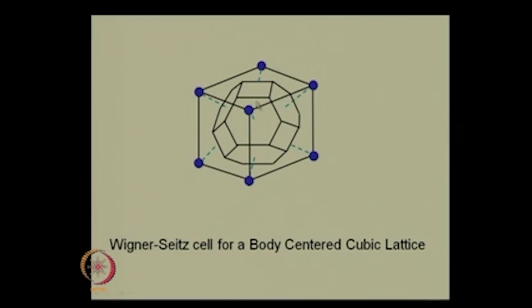For example, this hexagon that you see here bisects the line that joins this particular atom to the atom at the center. It is actually a plane which in principle has infinite dimensions, I mean, it is infinitely long in both directions, but the part of it that identifies the Brillouin zone is where it intersects the other planes that bisect the lines joining the other atoms to the center, right.